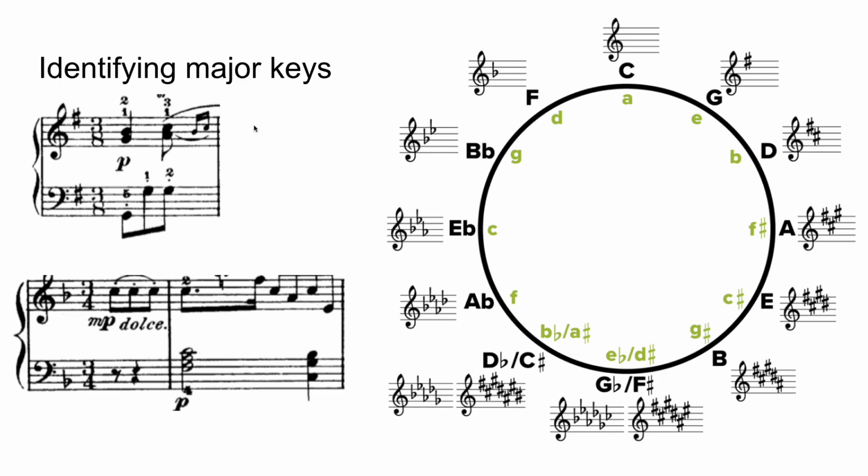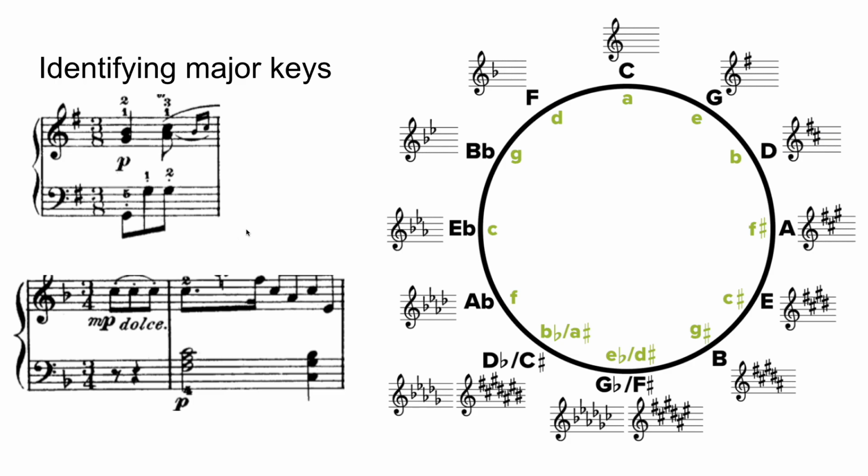And if I needed to remind myself of what that key was, I could look at the circle of fifths and go, okay, one sharp in the key signature, that's likely to be G major. Similarly with this one flat, I've got the key signature here, it's got one flat in it, and if I didn't remember the key for that particular key signature, I'd go over to my circle of fifths, find the key with one flat in it, okay, great, it's F major. And that's how you might use the circle of fifths to identify a major key.